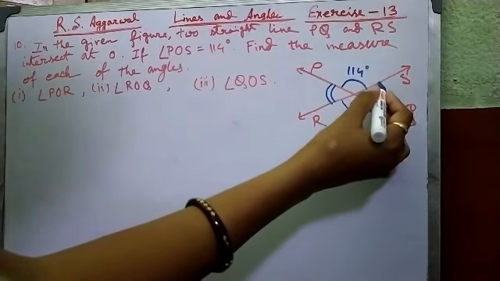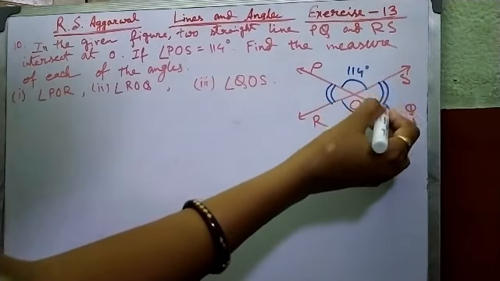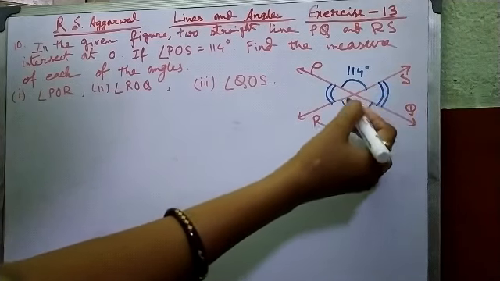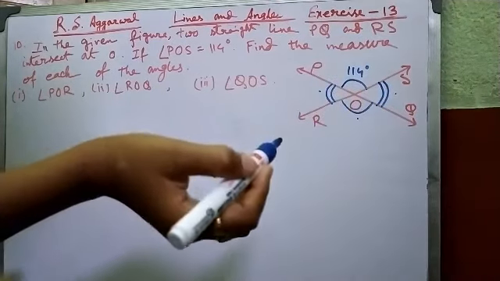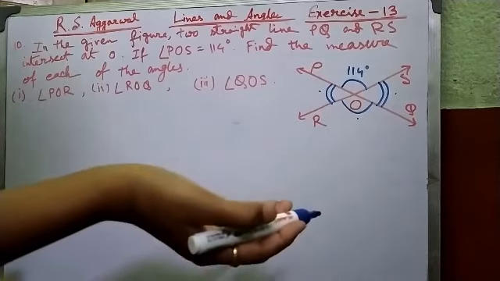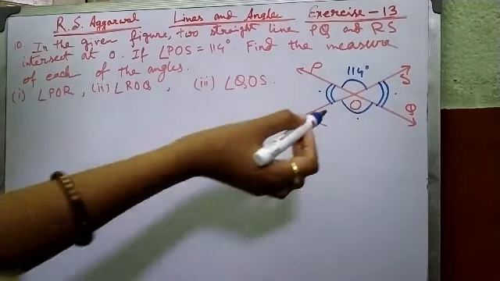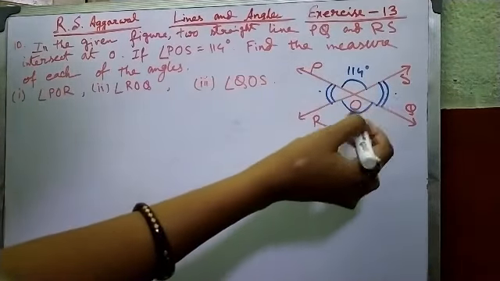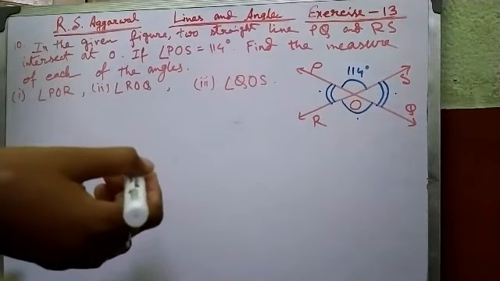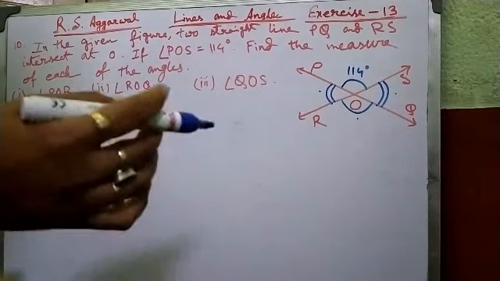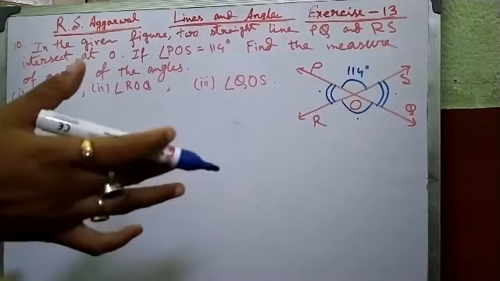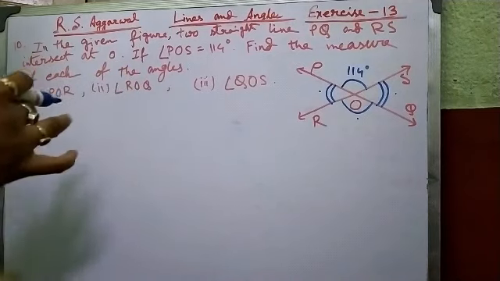Then automatically we will get this one angle QOS, because this angle and this angle is equal, because vertically opposite angles are equal. So first of all, PQ and RS is intersecting at the point O. That is the main matter. Then we will get vertically opposite angle. That we have to write here.